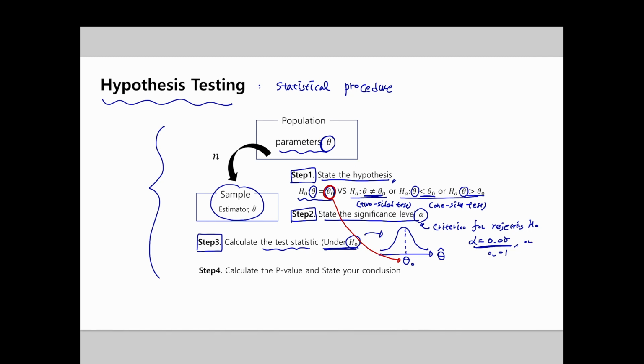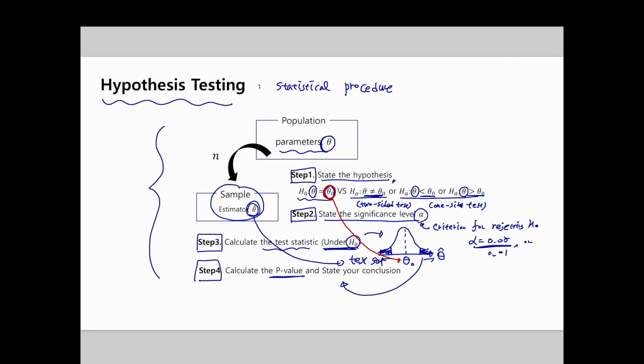Given the sample data, using the estimator, we can calculate the test statistic. So we can calculate the p-value in the two-sided test.